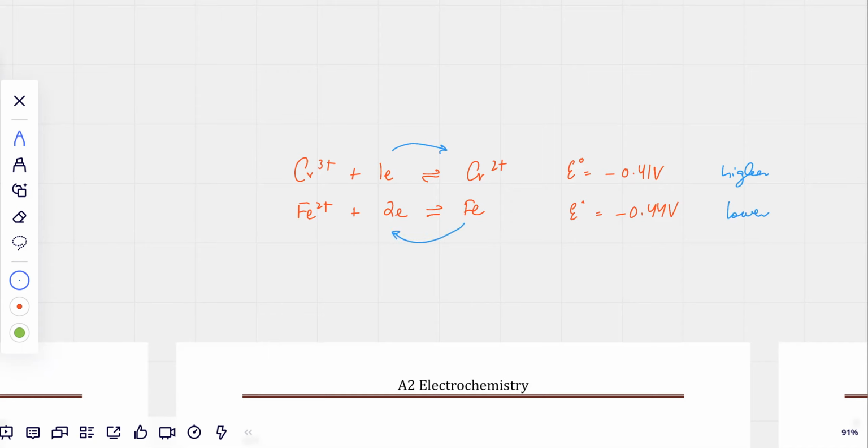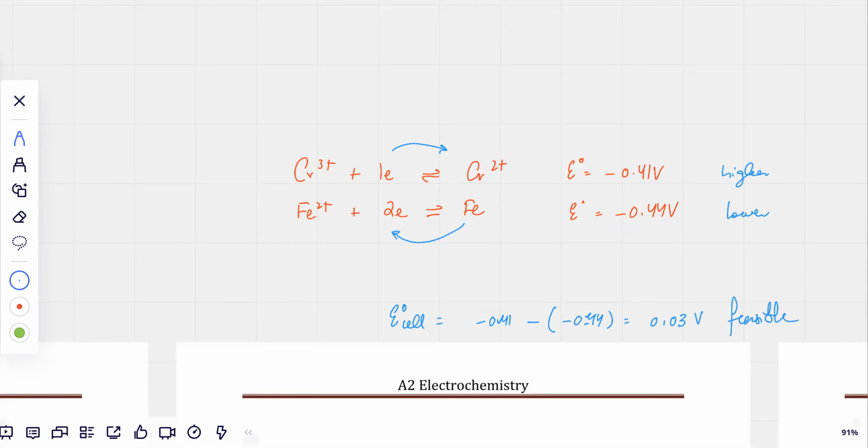Is that clear? And your E naught cell is going to come out to be positive, because it's the reduction potential, minus 0.41, minus the oxidation potential, which is minus 0.44. So if you do that, it comes out to be positive 0.03. So that's feasible.